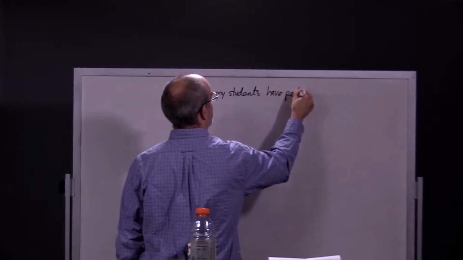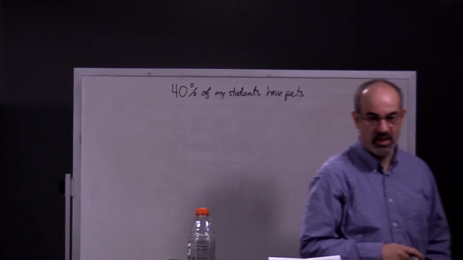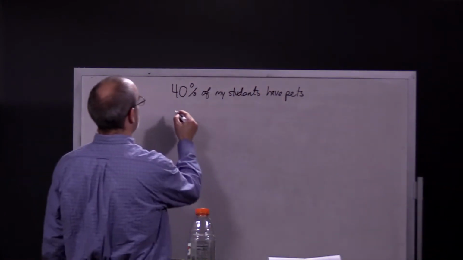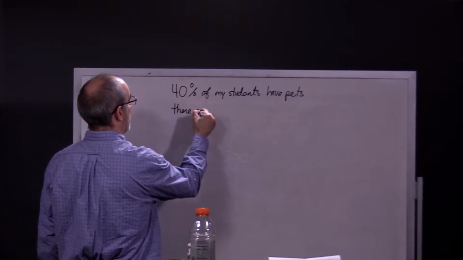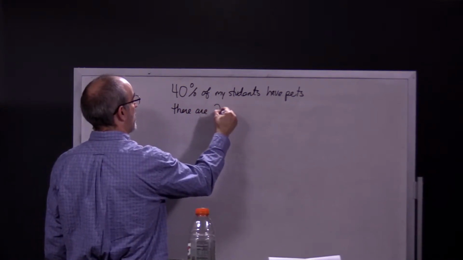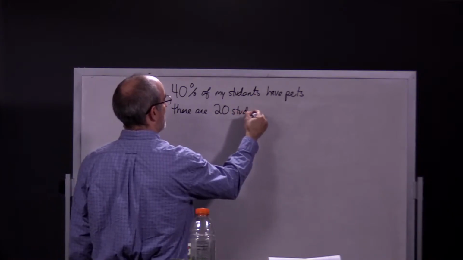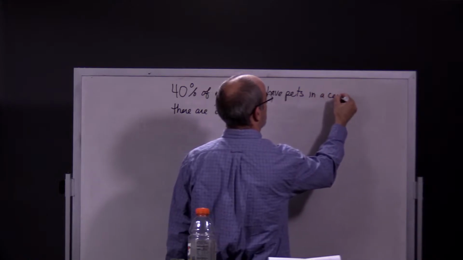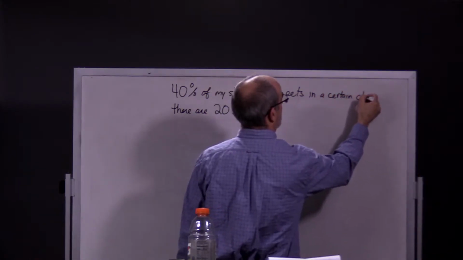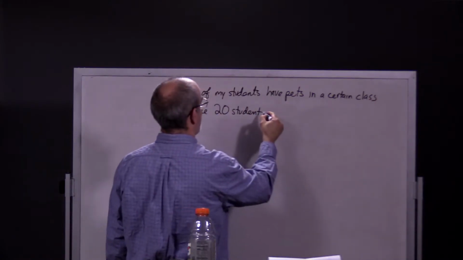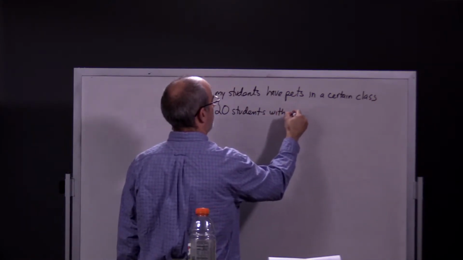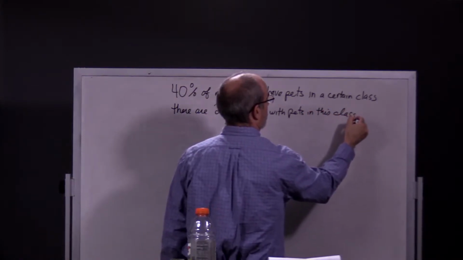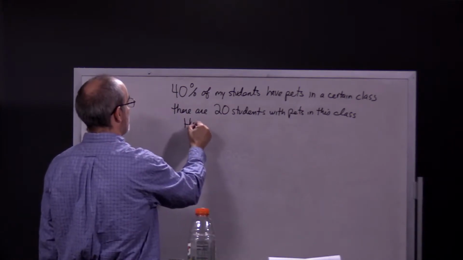This might be in another class. 40% of my students have pets in a certain class. There are 20 students with pets in this class. How many students are in the class?